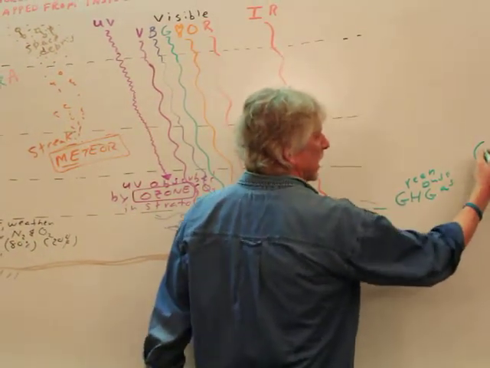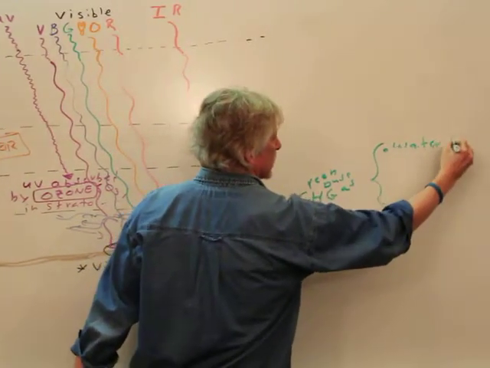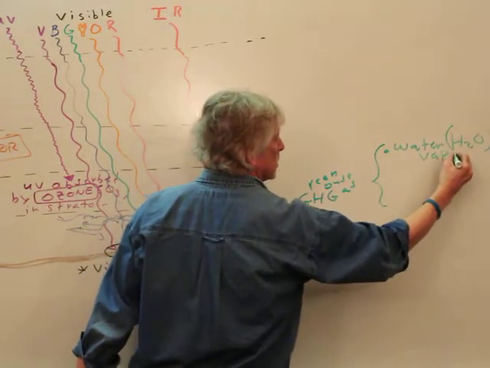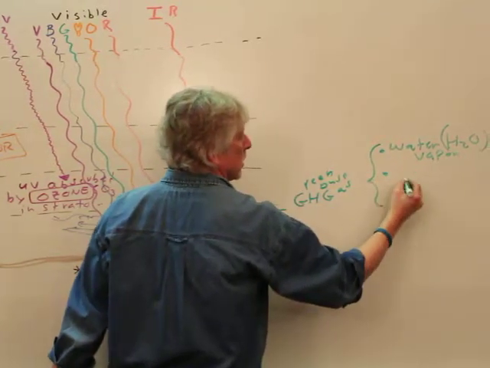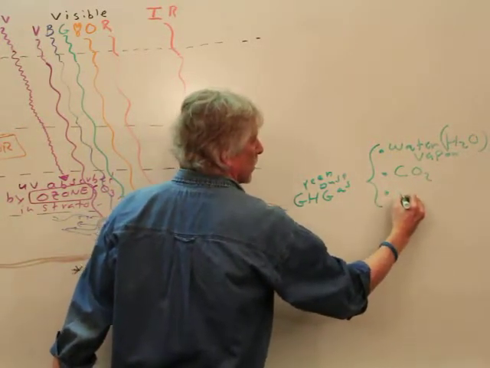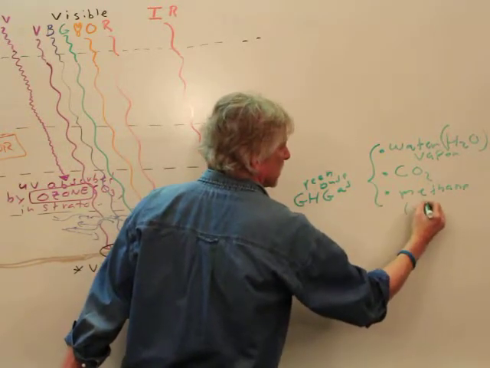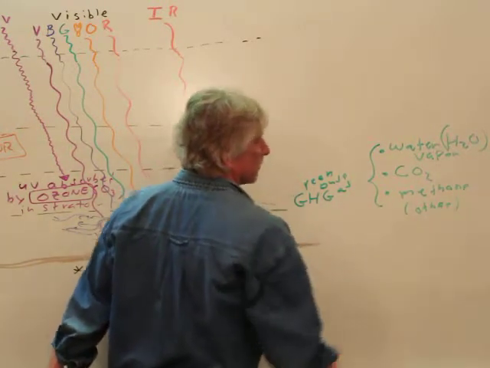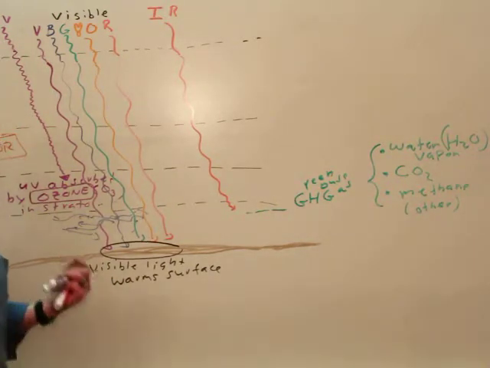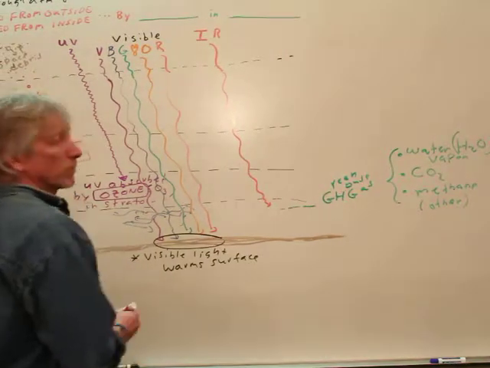And what are those? Well, greenhouse gases, for example, would be water vapor, which is 2 hydrogen and 1 oxygen. We've got carbon dioxide. We've got methane. And other bits of stuff as greenhouse gases. What do they do? Well, they block the infrared.